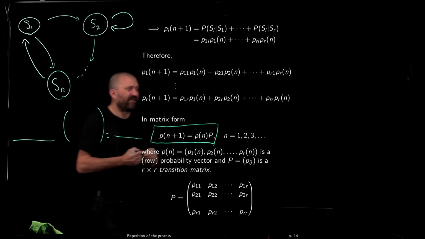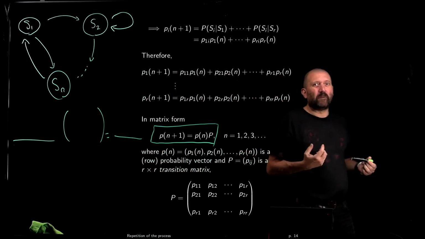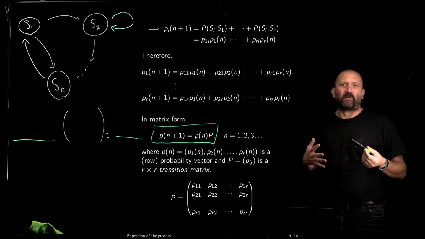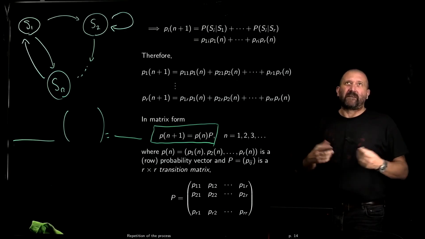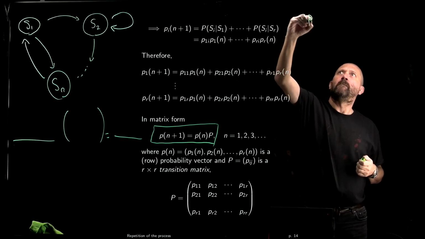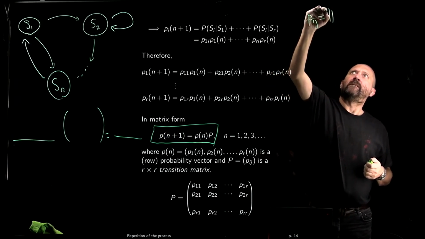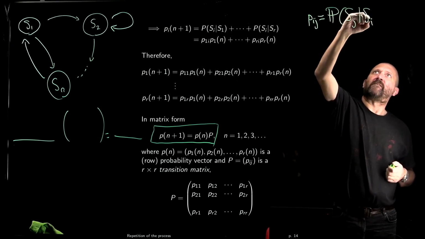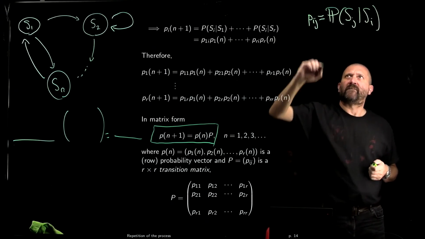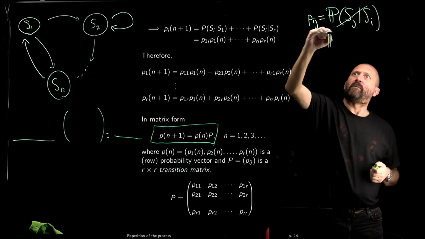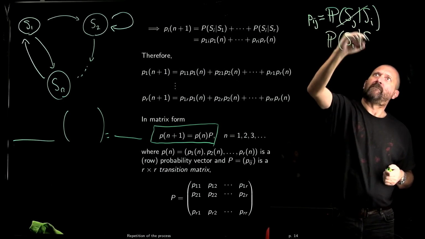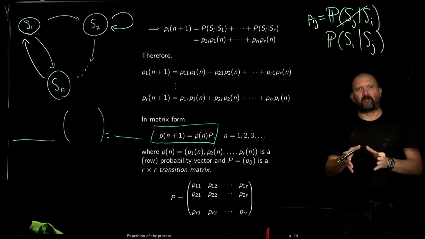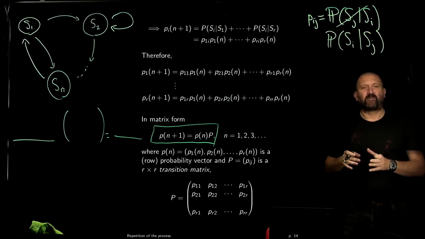So this is not what we did up to now, and it is completely possible to write the system the other way. Instead of writing that Pij is the probability that I'm going to state J given that I was in state I, if I had written that this was the probability of going to state I given I'm in state J, then I could have used a column vector on the right and the matrix P on the left.